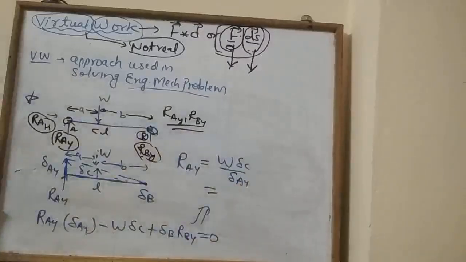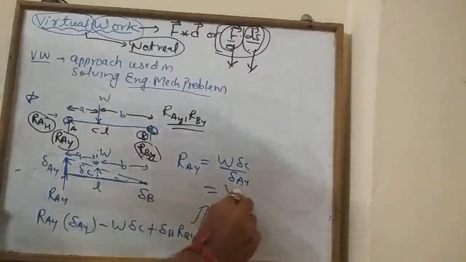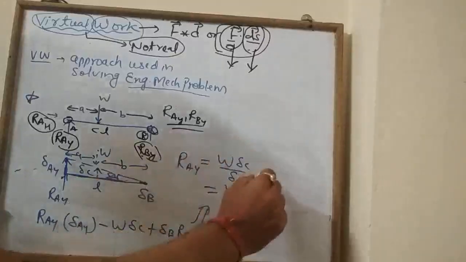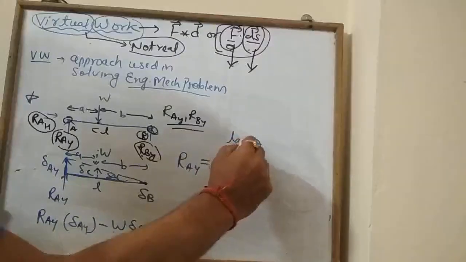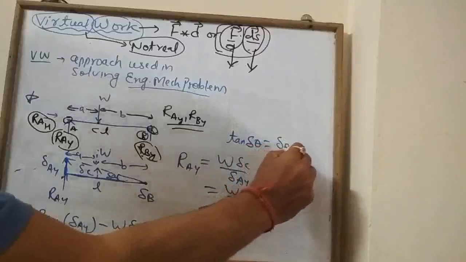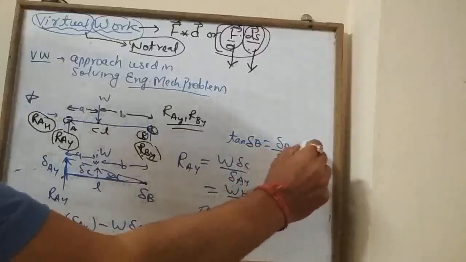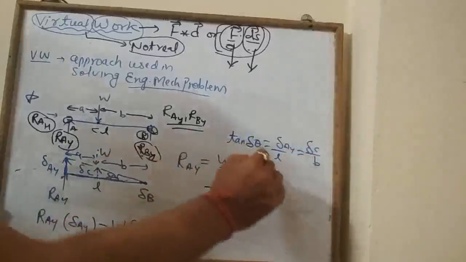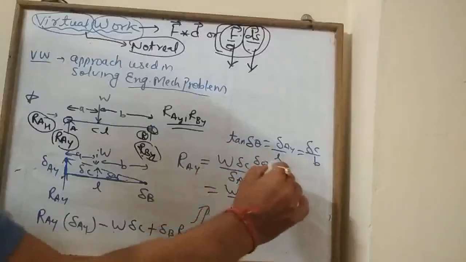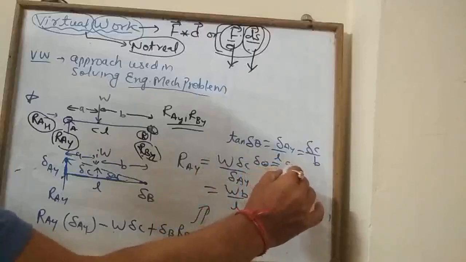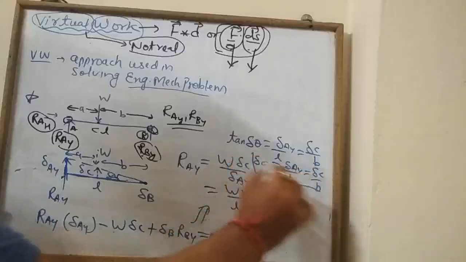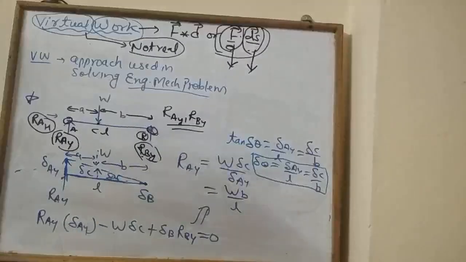This is equal to WD by L, as we have tan delta theta equals delta AY by L equals delta C by D, or delta theta equals delta AY by L equals delta C by D. So we have calculated reactions RAY and RBY.